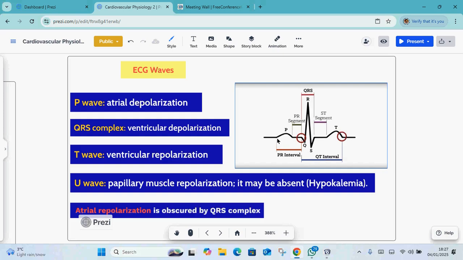So from the start of the P wave, can you see my cursor? Yes, we can see it. So from here, start of P wave up to the start of R wave, this is called PR interval.